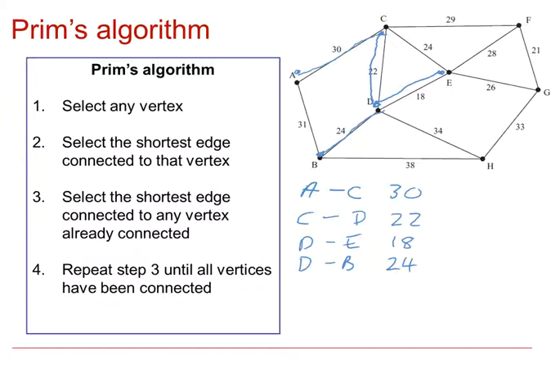From here, I am looking around again for the next shortest, and I can see that EG is a possibility at 26. Now I just have to connect F and H. And I can see that FG at 21 is how I'm going to join F, and then with H I choose the smallest way of joining that, which is GH.